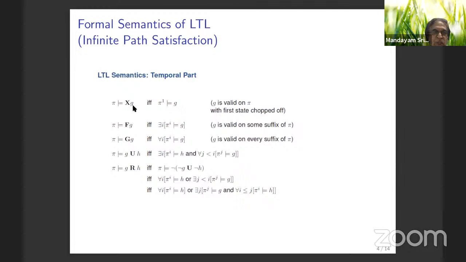So X g holds for pi if g holds in the state whose index is 1. We're assuming that the index starts with 0. F g is true if and only if there exists an i greater than or equal to 0 at which g holds, where pi^i denotes the path starting from index i onwards. g itself can be an arbitrary LTL formula.